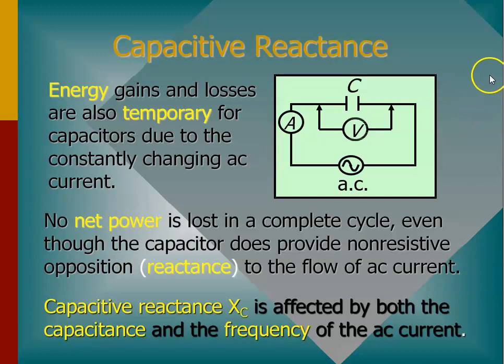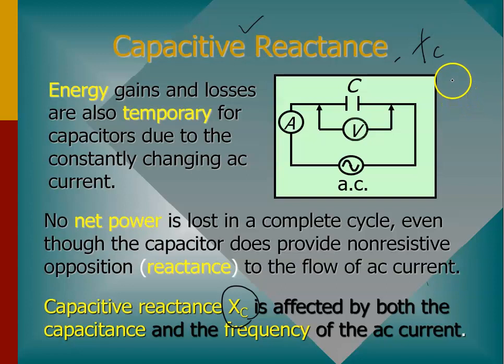Before we continue with the calculations, I need you to know that similar to the inductor, where we call the resistance inductive reactance, in capacitance the name of resistance also changes into a new name, capacitive reactance. The symbol of capacitive reactance is this one, XC.